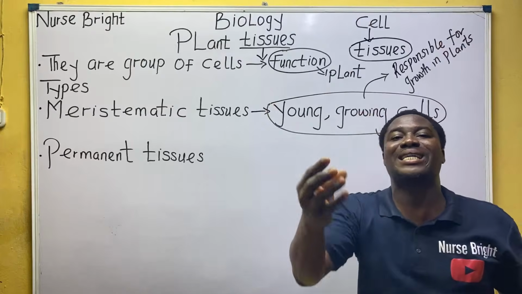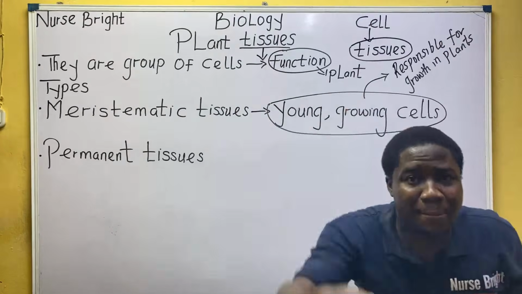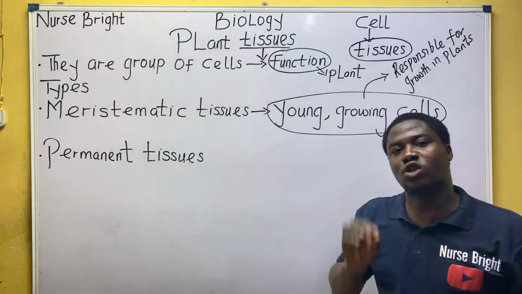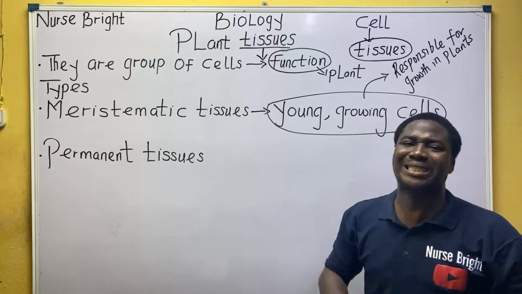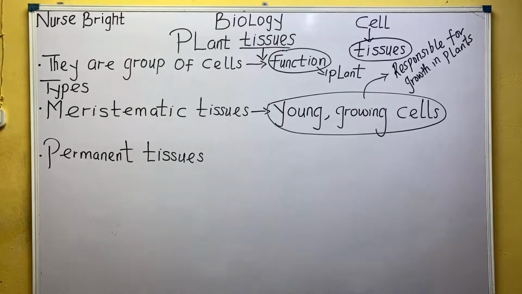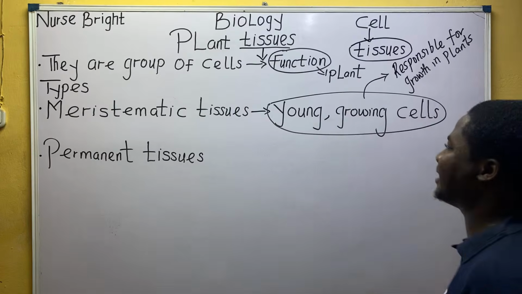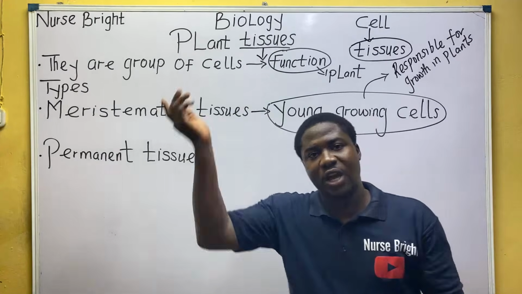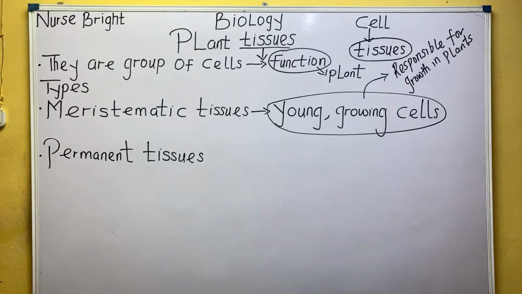These things are vital. They ask a lot in the JAMB exam, and we'll be tackling questions on all of these areas. Just pay attention, all right? Take note, meristematic tissues are basically involved in the increase in size, in growth, in length of a plant. When a plant increases in size, the tissue that is involved is called the meristematic tissue. All right? So that is for that.